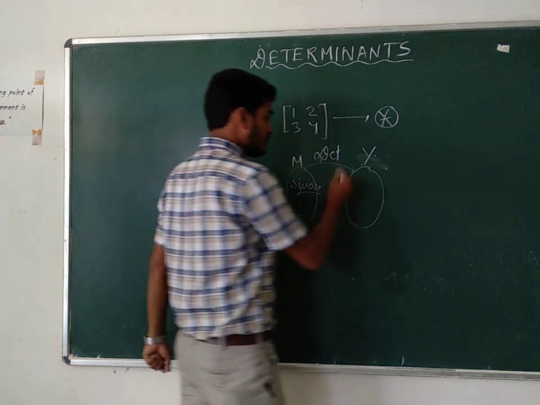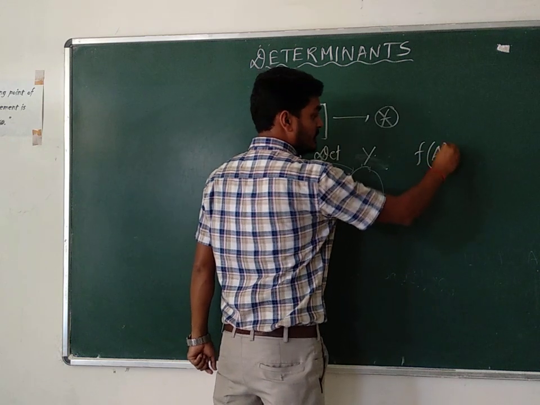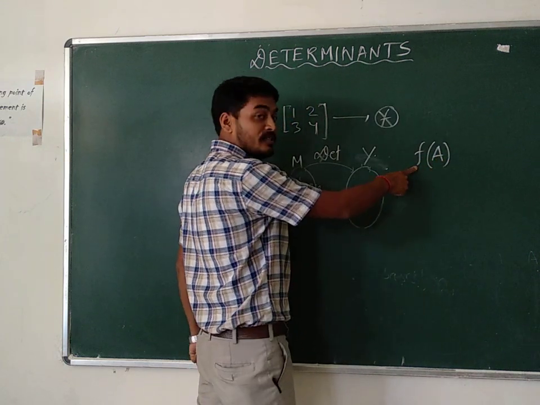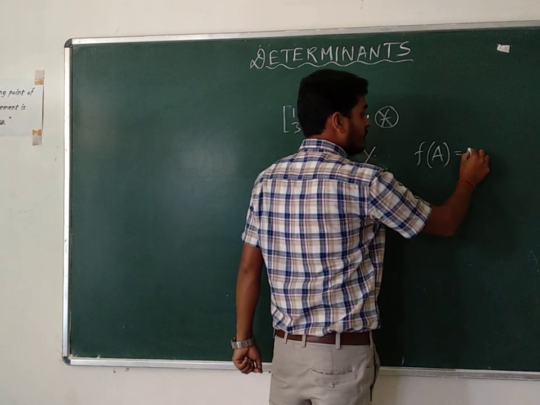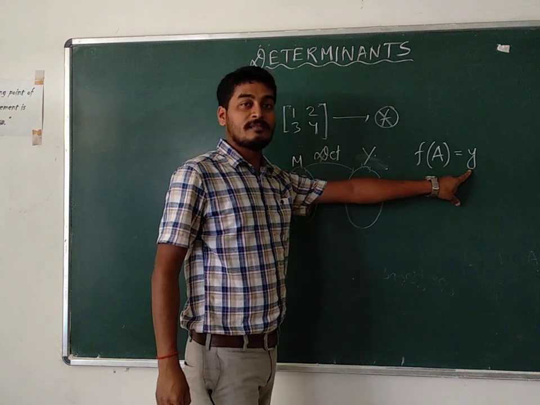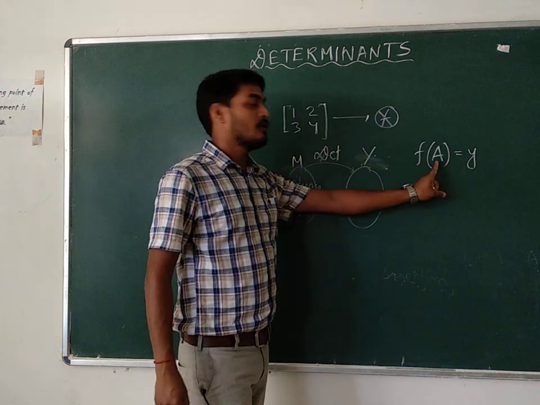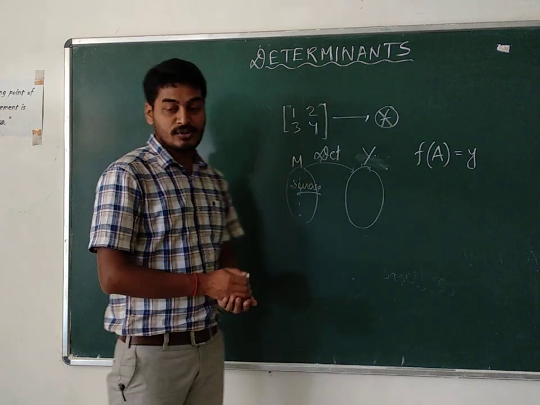For example, suppose A is a square matrix, and f is the function determinant, then we will have a value for it. What is y? Y is maybe a real or complex number. It is the image of the square matrix A.